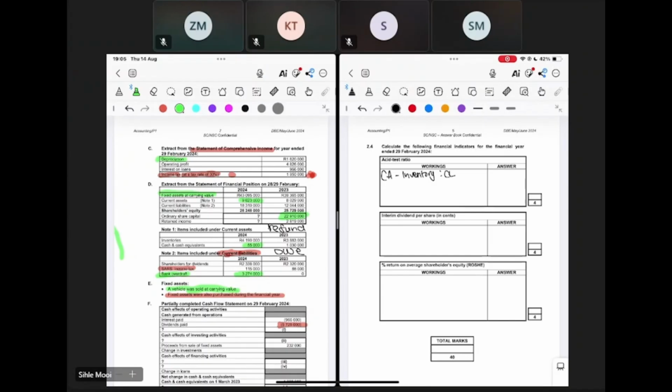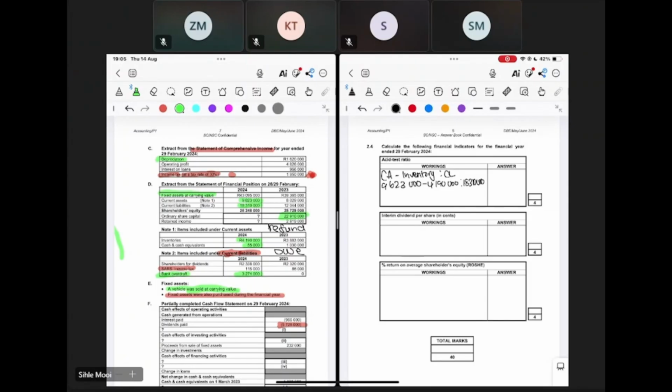So what we'll do there is take the 9,623,000 and then we need to subtract our inventories, which are 4,190,000, and then our total current liabilities have been given as 18,310,000.